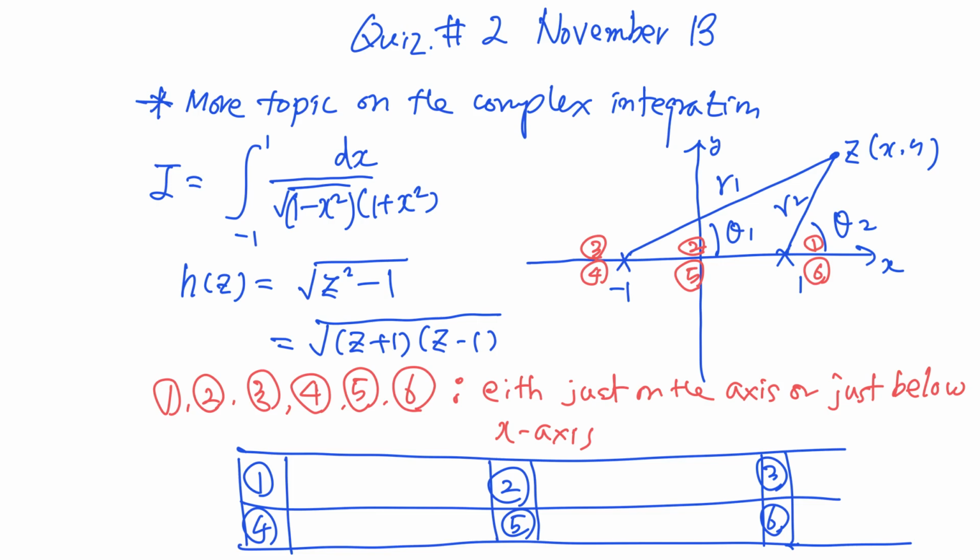Because this is the x-axis and this is the angle we're going to measure. The point 1 is getting close to the x-axis from above. So θ1 is 0, θ2 is 0.